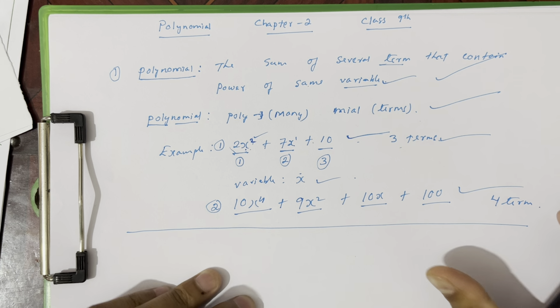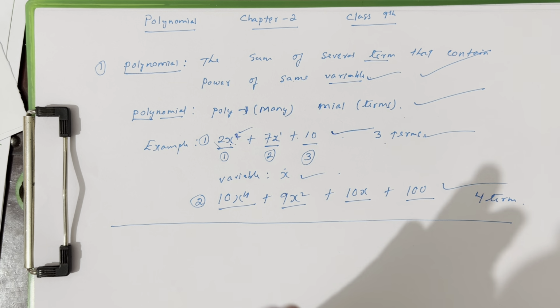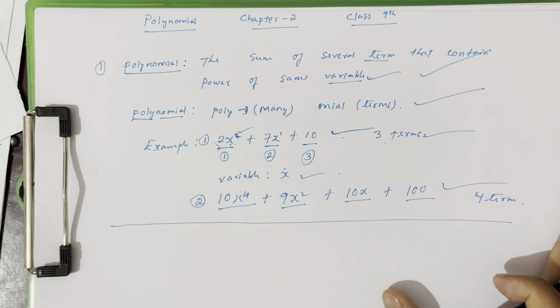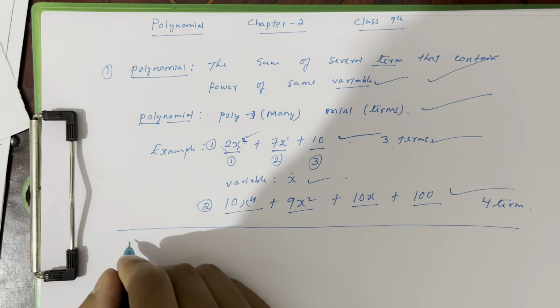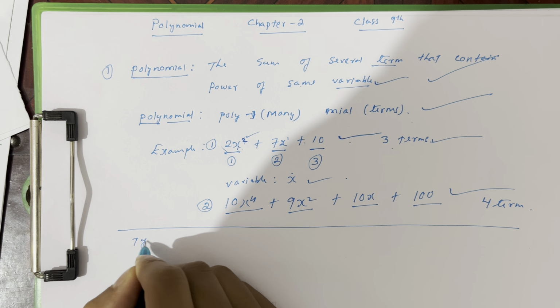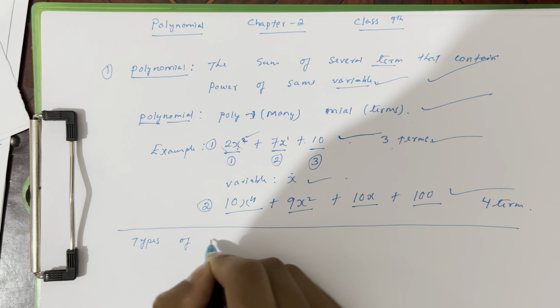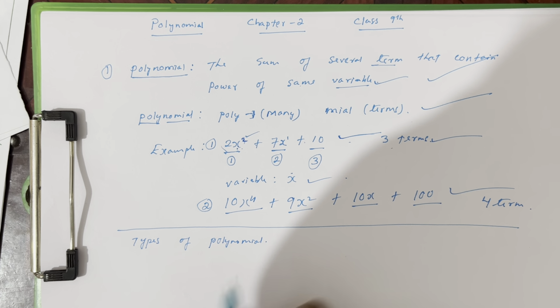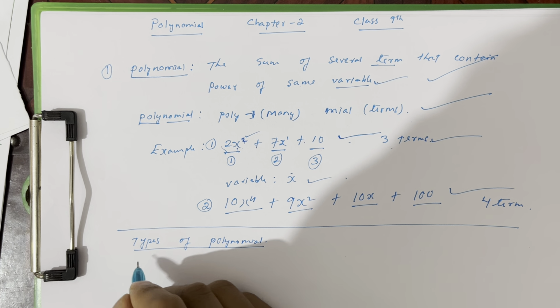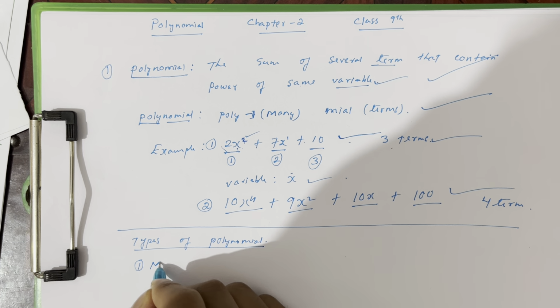Okay, clear now? If you are clear now, let me explain you different types of polynomial. Let me write here types of polynomial. Number 1 is monomial.